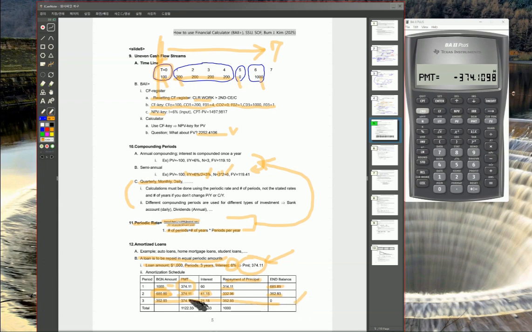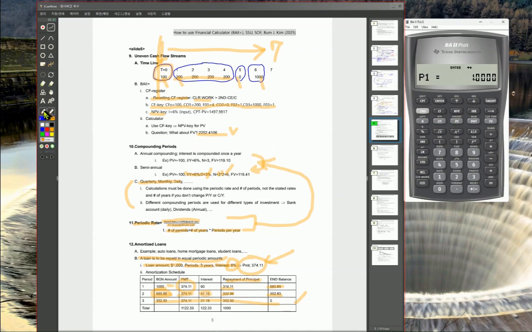Okay, let's take a look at this table and see if we can get these numbers from the calculator. One thing you need to use is amortization. So where is amortization? The second function of the present value key is AMORT, which is nothing but amortization. So what you need to do is press second, then the present value key.